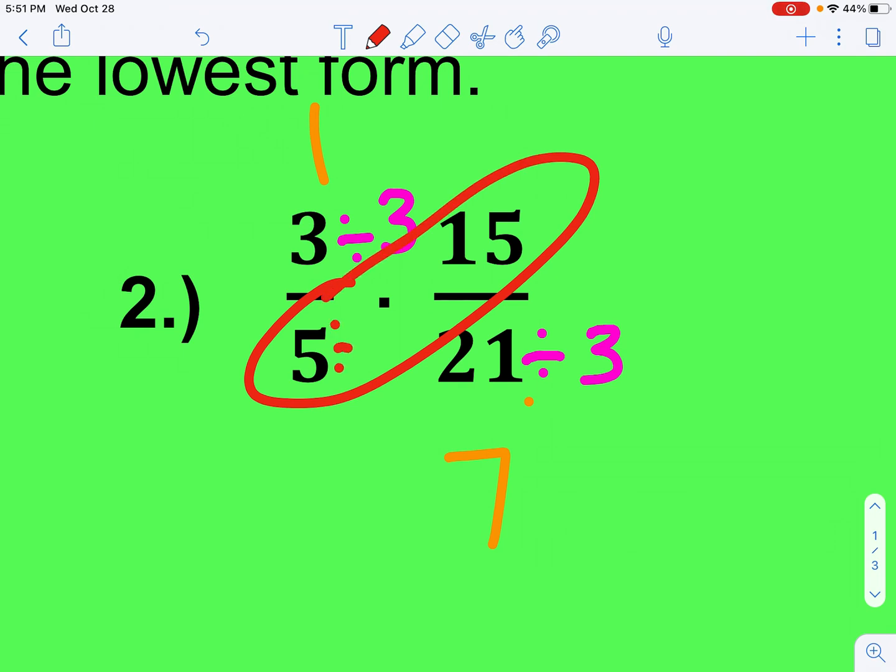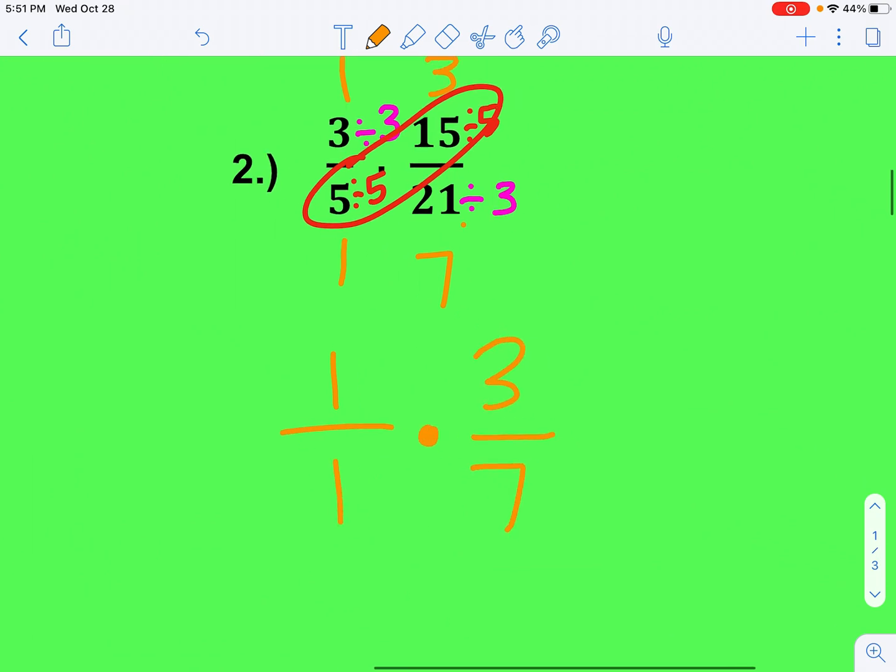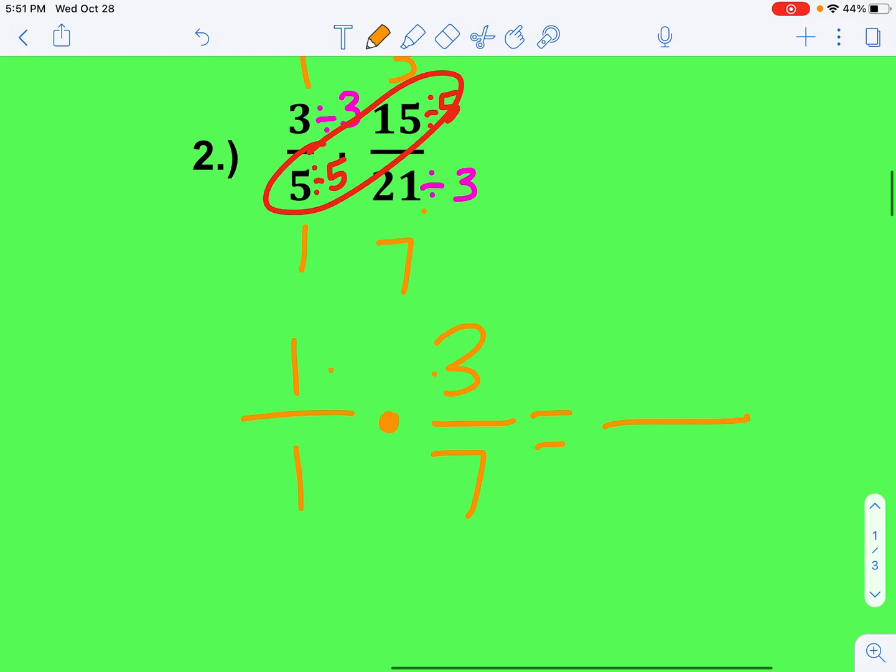Can we divide that? Yeah, I can divide both of them by 5. 5 divided by 5 is 1. 15 divided by 5 is 3. So then I rewrite my fraction. I have 1 over 1 times 3 over 7. That might be pretty easy for you. 1 times 3 is 3. 1 times 7 is 7.